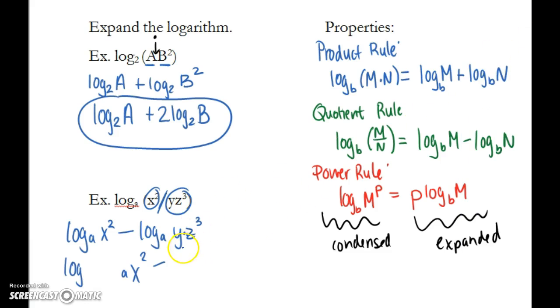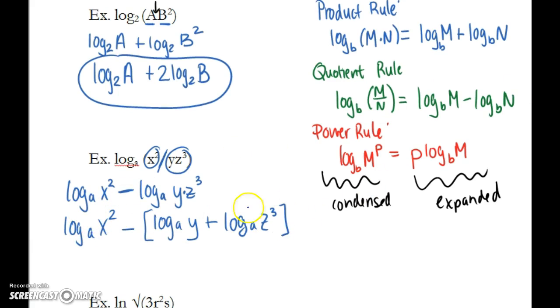Our y and z to the third. So let's split up that product using addition. So this becomes log base a of y plus log base a of z to the third. Notice I'm putting that in parentheses because that whole thing is being subtracted here.